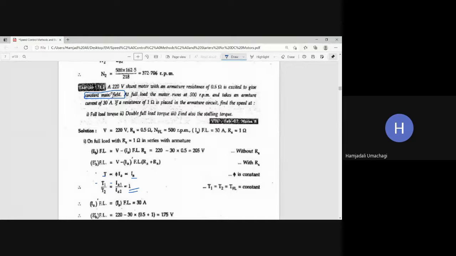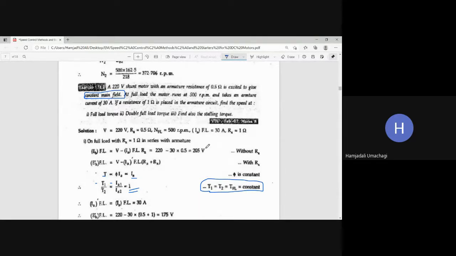Only a constant main field is given, but we are going to assume that torque is constant. Only then can we consider this equation here. So we have made the assumption that torque is constant in this problem, because if some parameters are not given in the problem statement, we need to assume them, right?